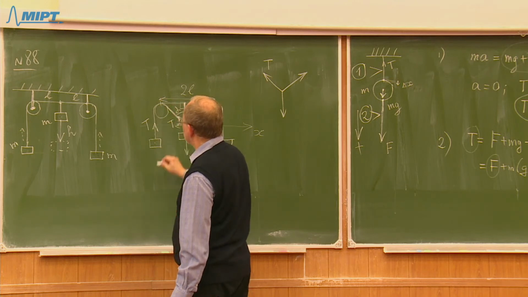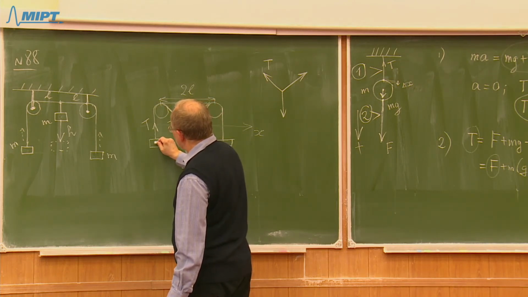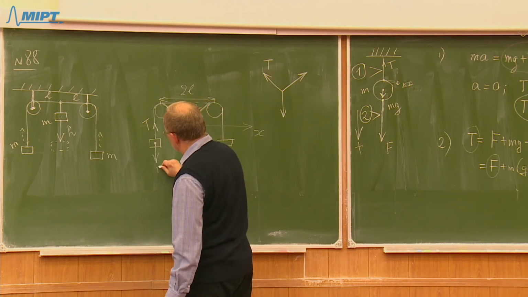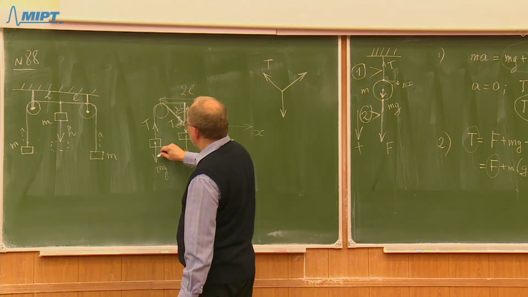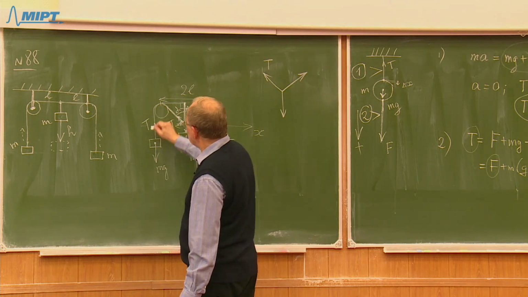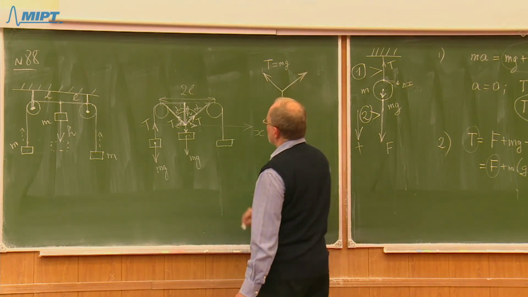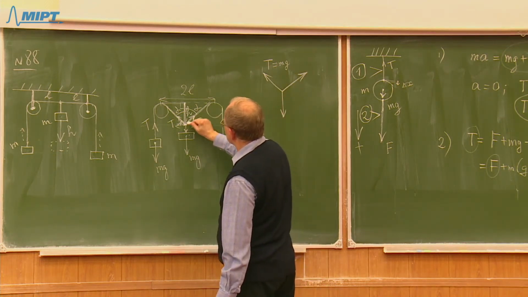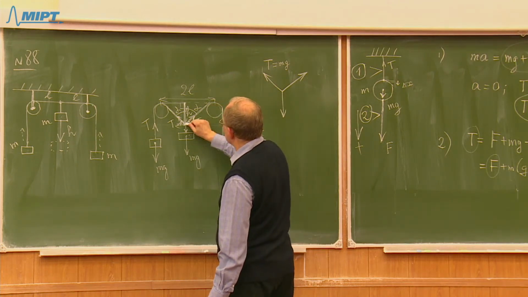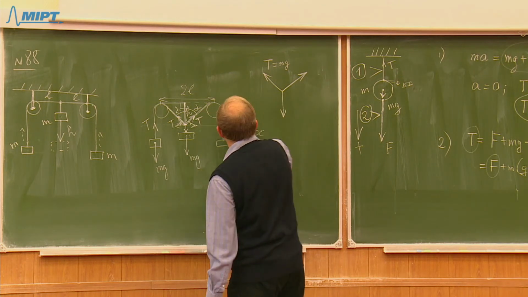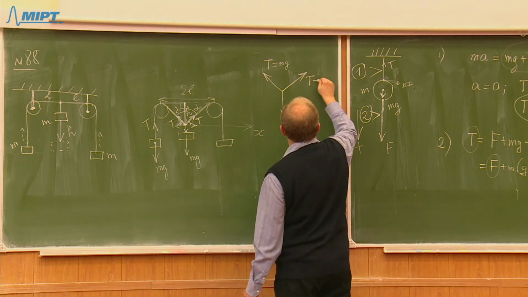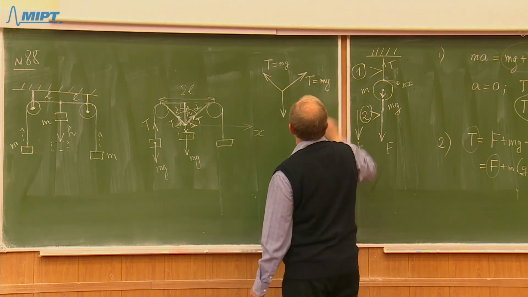This weight is pulled down by gravity force mg, and if it's at rest, then T should be equal to mg. The same consideration holds for the second part of the string: this force T here also must be equal to mg.